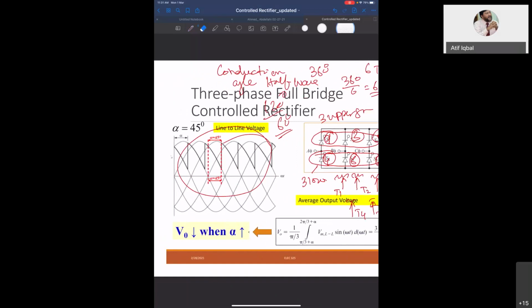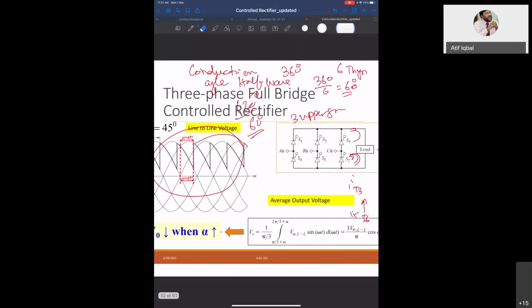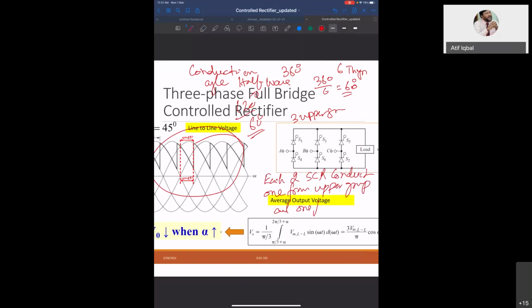Okay. Now, let us see what happens here. Each time you will see that 2 thyristors conduct, one from the upper group and one from the lower group.